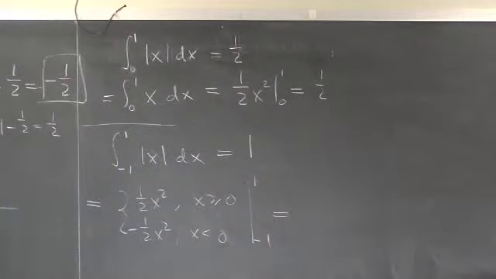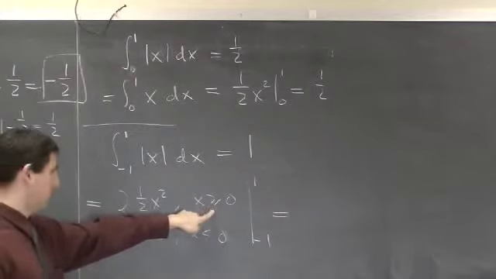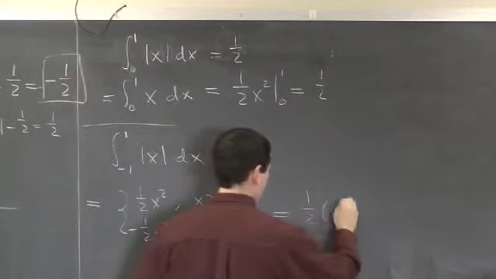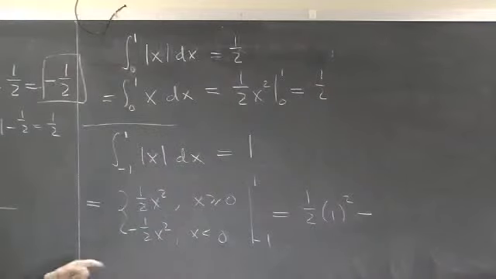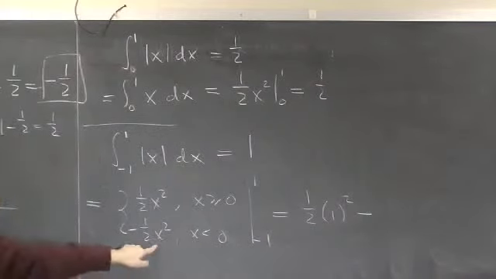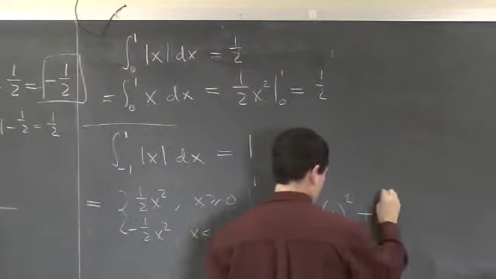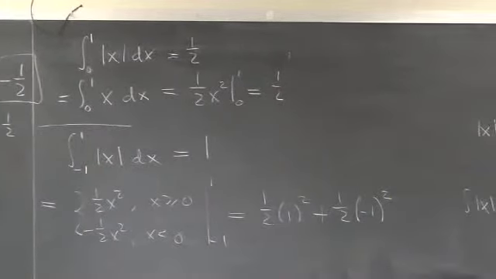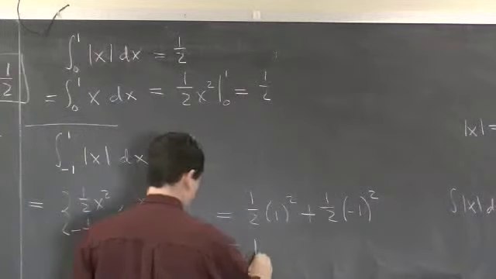When we evaluate it at 1, that's this half of the function. So x is greater than or equal to 0. So we get 1/2 times 1 squared minus, well, at minus 1, we're now in this bottom half of the function. So we have to put in minus a half x squared. So it becomes plus a half times minus 1 squared. And of course, this is a half plus a half, which is equal to 1.